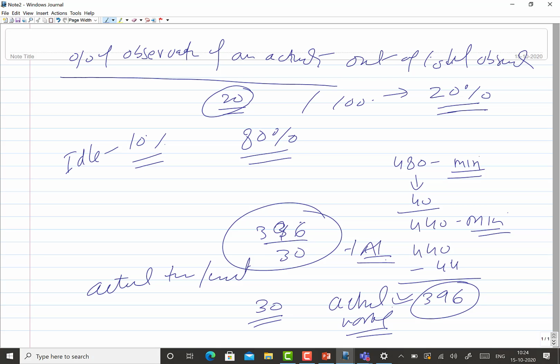Here we don't take the stopwatch and stand in front of the worker, but snaps of the study area are captured at random time intervals, and analysis of those observations is used to find the percentage of occurrence of an activity or event. Okay, so what we do basically, how it is defined.